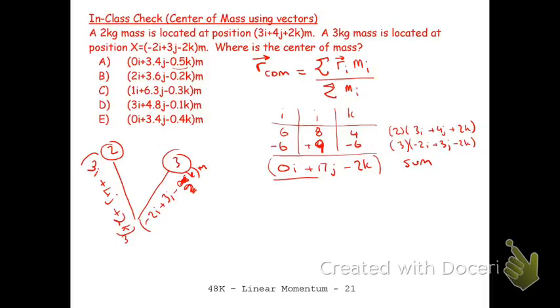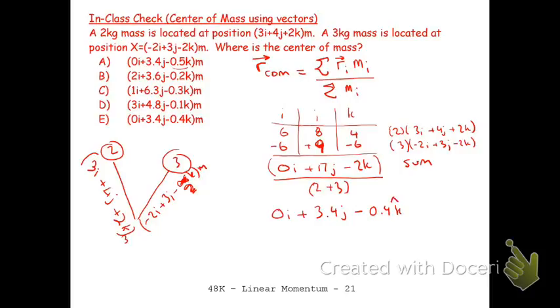Then I've got to divide that by the sum of the masses, which is 2 plus 3. So my answer is 0I plus 17 over 5, which is 3.4, minus 2 over 5, 0.4.